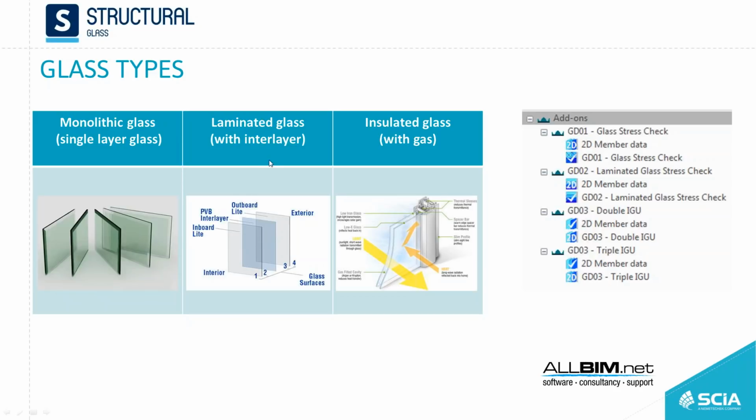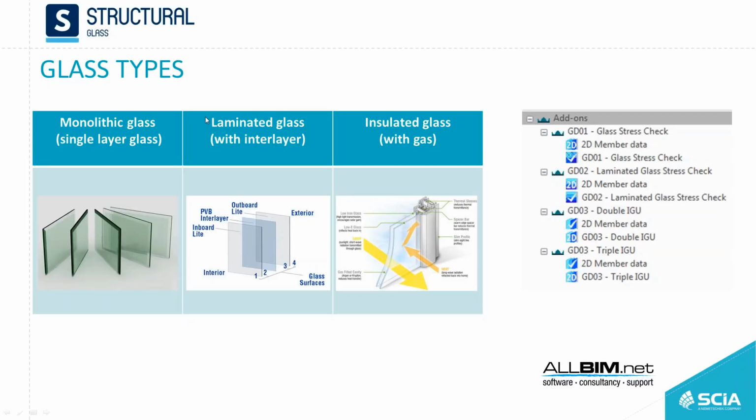The next module is the laminated glass with interlayer. And here, this is actually the glass that is used in construction. Maybe some of you are not familiar with laminated glass. The easiest way to explain it is to think of a windshield. If you've seen in the movies, when a windshield fails, it will not break in big shards and injure people.